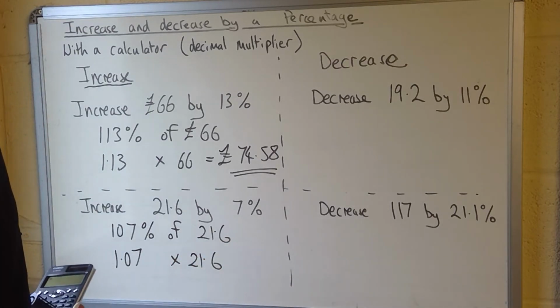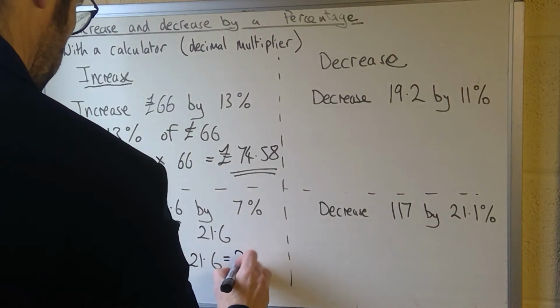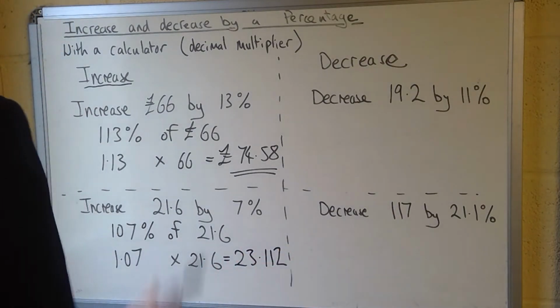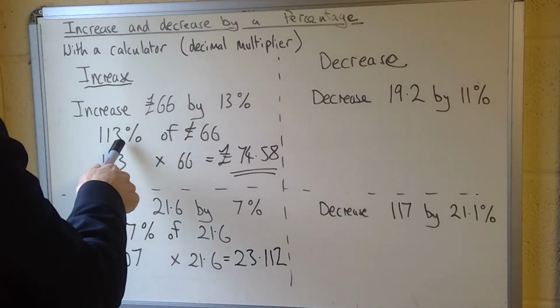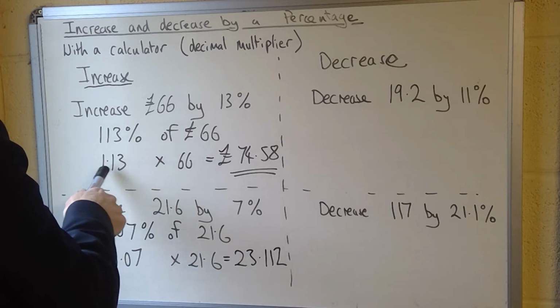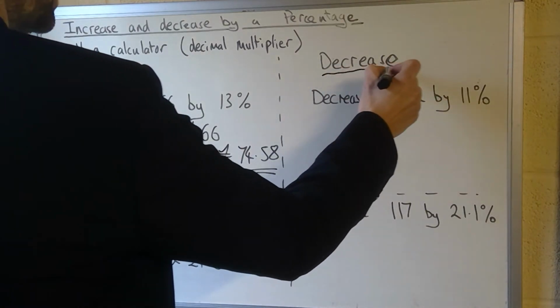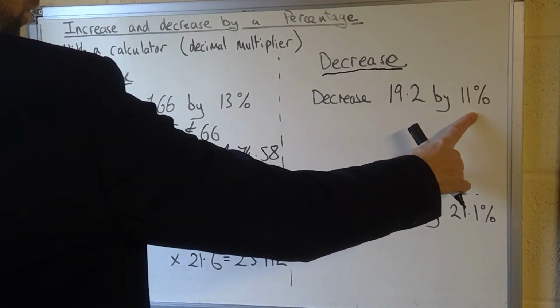As you can see, if you're doing this without a calculator, it would take a while, but on a calculator, we simply type it in and I get an answer of 23.112. So that's increase. We add on the percentage we want to increase to 100% and then use a decimal multiplier. Very similar for decreasing, but this time we take the percentage off 100%.